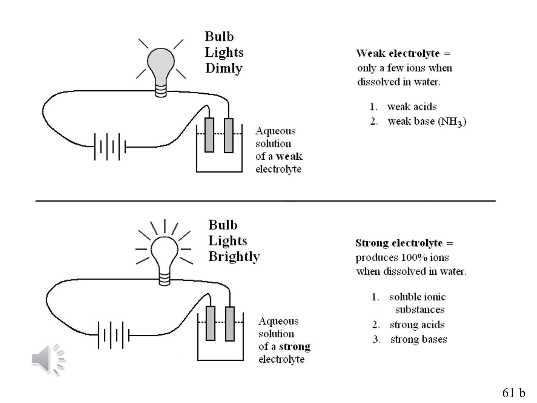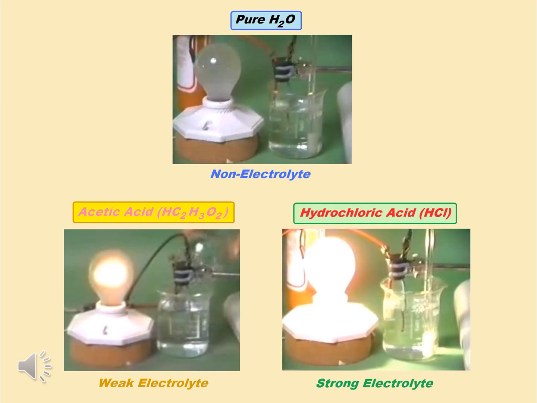But I do want to show you a picture of someone who did this in the lab. This person connected these light bulbs up to an actual electrical outlet system, and if you put the two electrodes in pure water, they don't conduct at all. But if you look at the hydrochloric acid in the lower right, it conducts electricity very well. HCl is, we're going to find out, a strong acid, and so it gives you 100% ions.